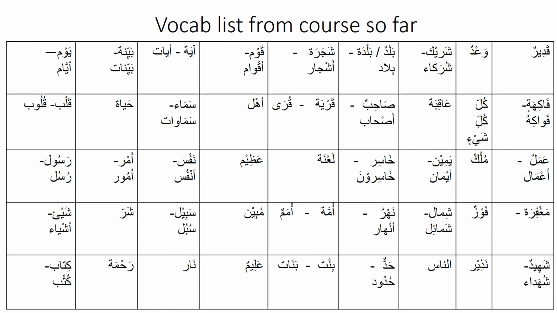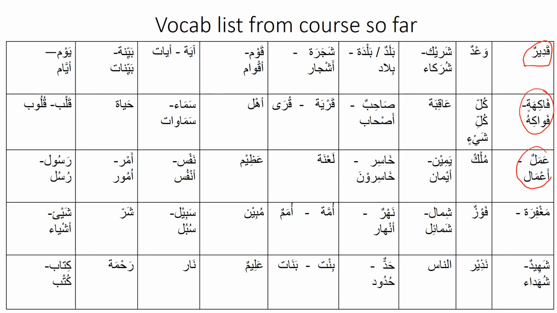Now, this is the vocab list from the course so far. So I'm just going to quickly go through the meanings. You can just write it down. I'll start from the right hand side because that's sunnah. Qadirun means powerful or competent. Fakihatun, fawakihun, fruits.